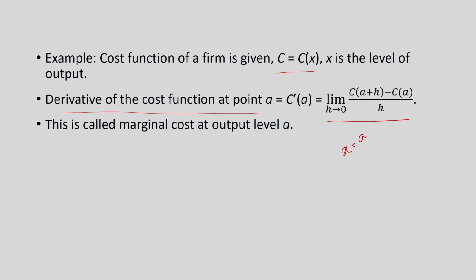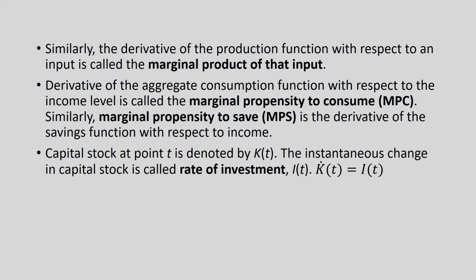This is called the marginal cost at output level x is equal to a. So, I do not want to spend more time on this because we have talked about this before. So, I am going through some of the examples where this idea of derivatives is useful in economics.